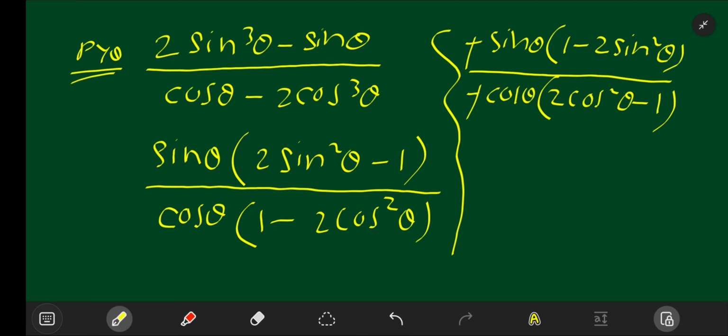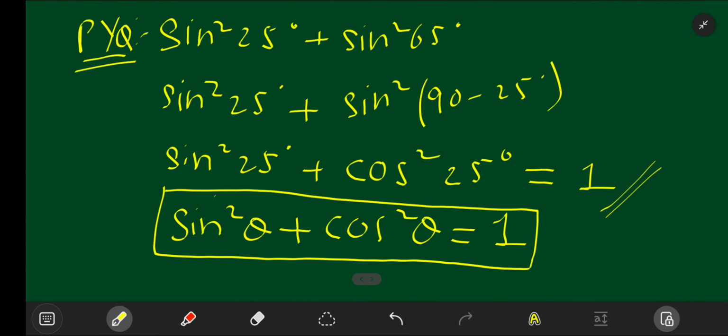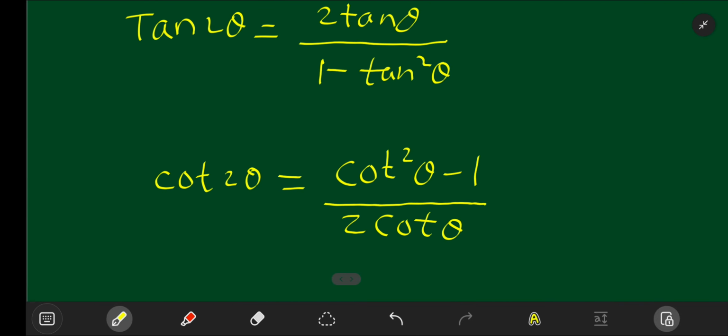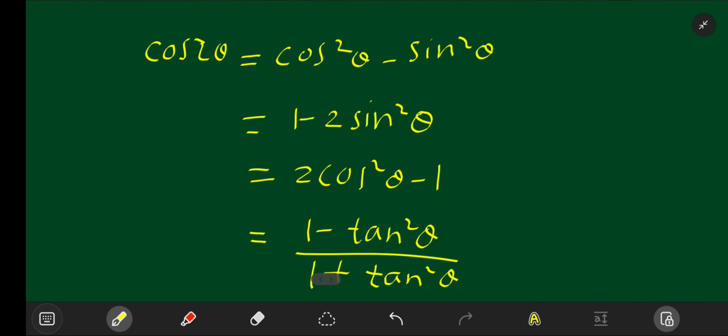Now what is the value of these? Both are cos 2 theta formulas. Cos 2 theta is equal to 1 minus 2 sin square theta. Cos 2 theta is equal to 2 cos square theta minus 1.